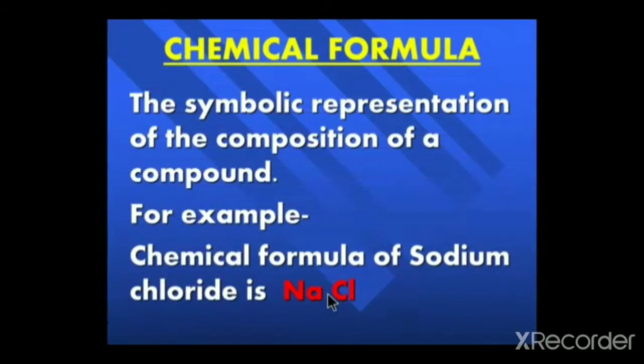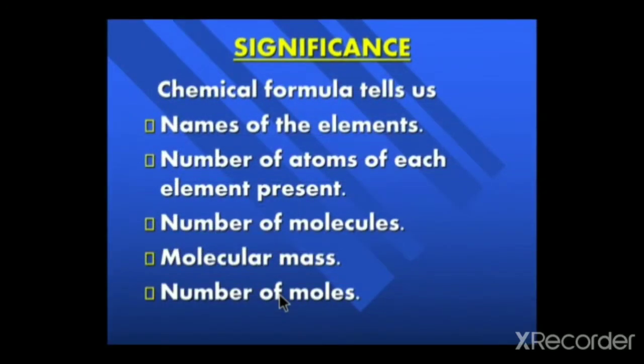Students, like here sodium chloride, in this formula it indicates the names of the elements, that is sodium and chlorine. Number of atoms, 1 atom of sodium and 1 atom of chlorine. Next is molecules. Here is 1 molecule of sodium chloride. And coming to the next, molecular mass and number of moles, with which we will deal in our next topics.